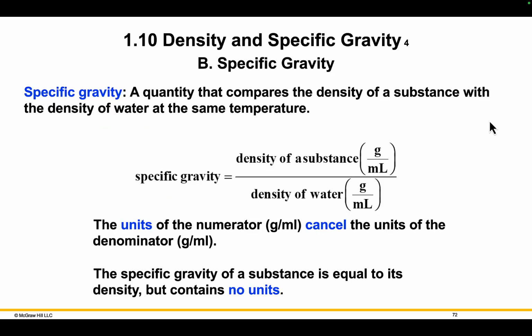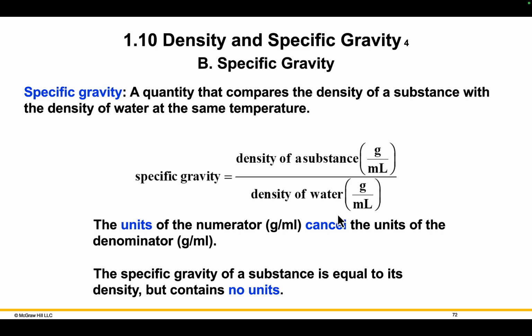Specific gravity is a quantity that compares the density of a substance with the density of water at the same temperature. Density is temperature dependent. As we know, when we think about the density of water versus the density of ice, ice is actually less dense than water, which is why your ice cubes float.